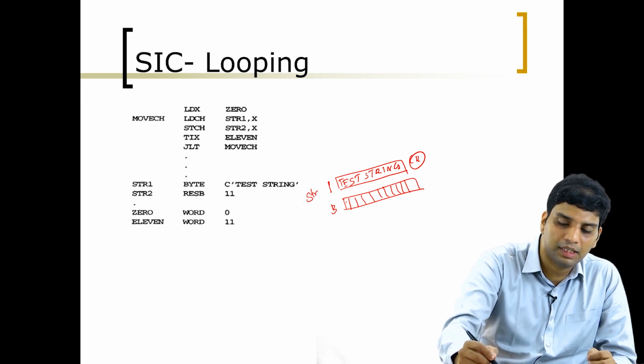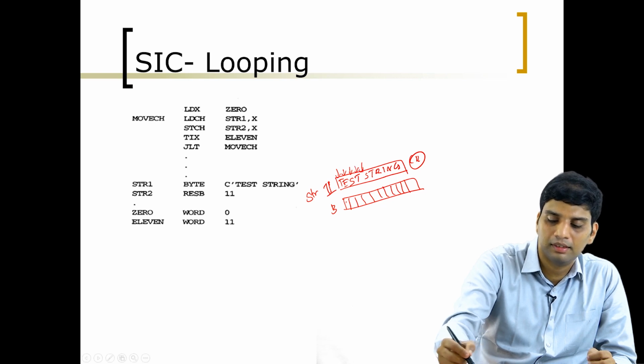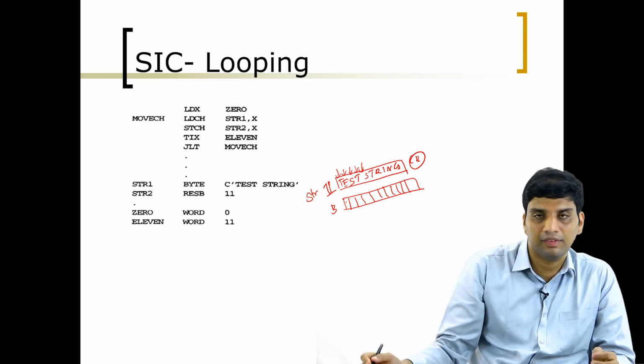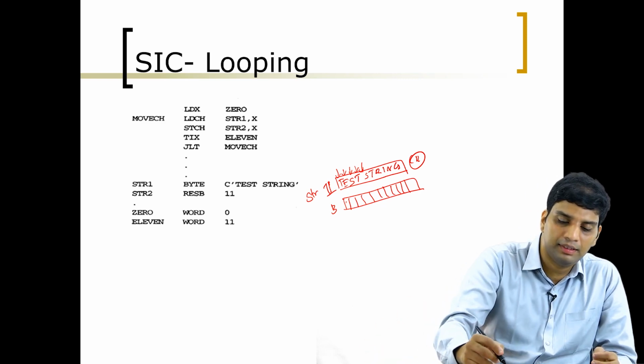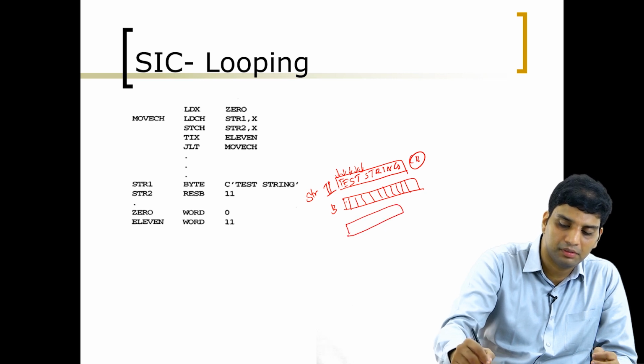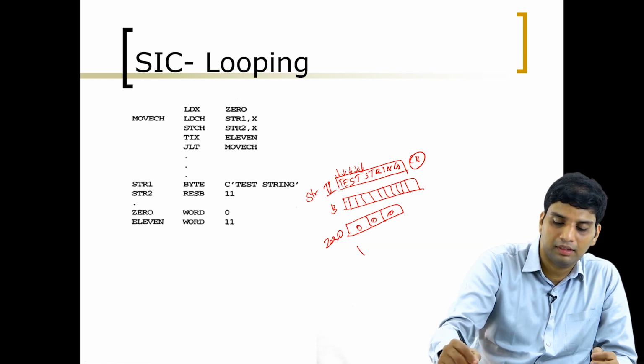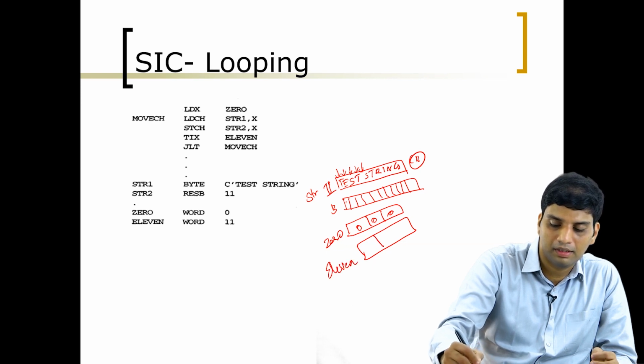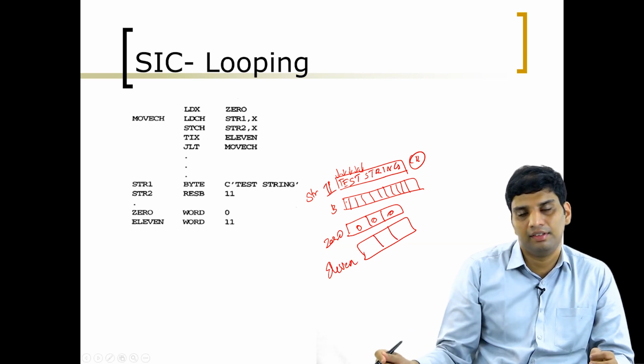The name is string 1, and string 1 contains 11 spaces. First space contains T, E, S, T, then space, then STRING. So you had 11 places, and here you have reserved another string with 11. Then next you have a word, and the name of the word is 0, and it contains the value 0. Next you have a word called 11, and again here also you have the value 11.